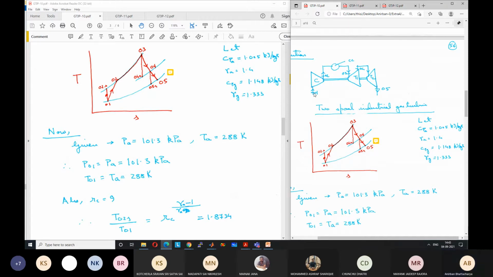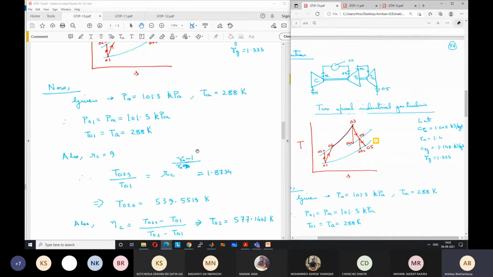So P01 is equal to PA plus VA square by 2, and T01 is equal to TA plus VA square by 2Cp, by definition of stagnation temperature. Because we are neglecting VA, T01 is equal to TA, 288 Kelvin. Similarly, P01 is equal to PA, 101.3 kilopascal.